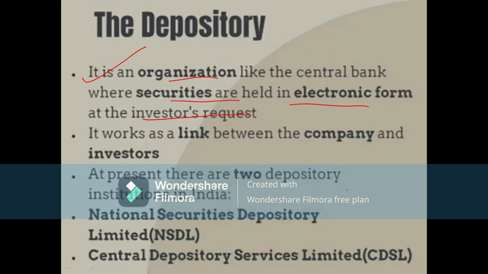We can deposit our money and our gold in the bank. Likewise, we can deposit our securities, shares, scrips, bonds, debentures, everything in the organization. But in which form? Electronic form, at the investor's request.